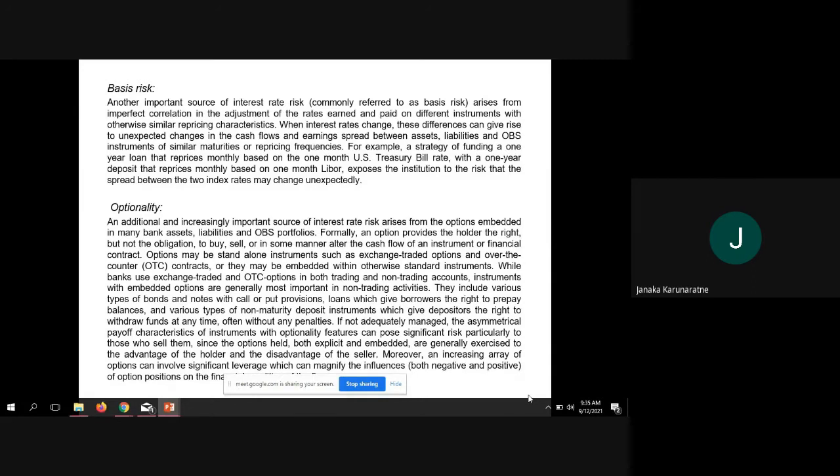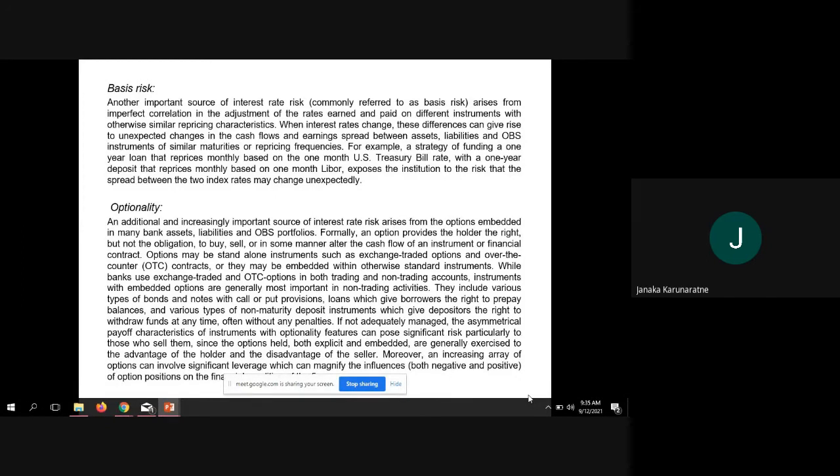Like one asset is repriced using treasury bill plus some percentage, but the liability is repriced using LIBOR plus some percentage. So when the interest rate changes, the treasury bill may not move the same as LIBOR. So even with a matching asset and liability, this risk can come.